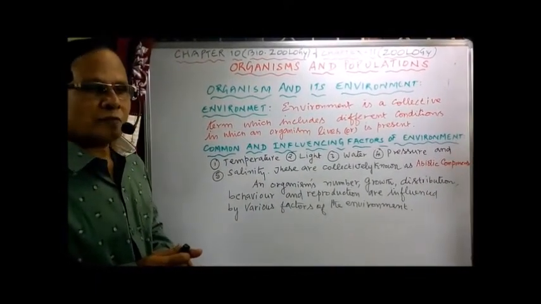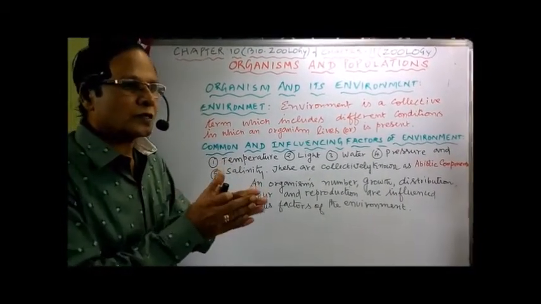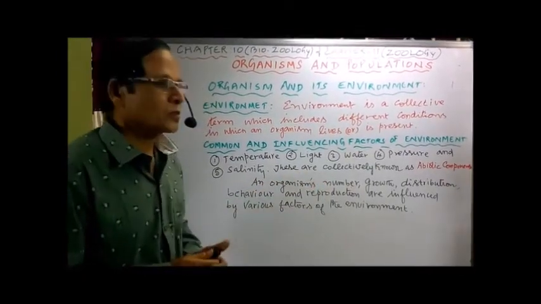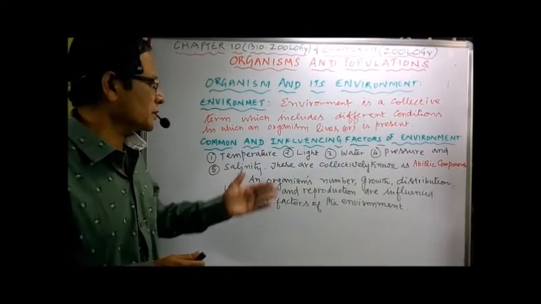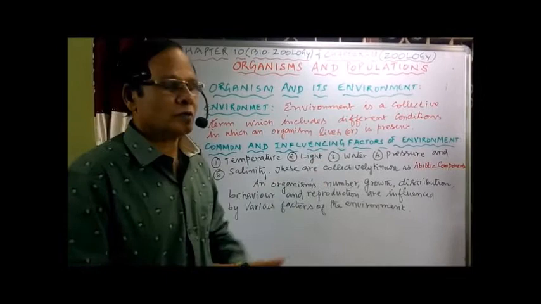Now, these factors affect an organism. An organism's number, growth, distribution, behavior and reproduction are influenced by various factors of the environment.